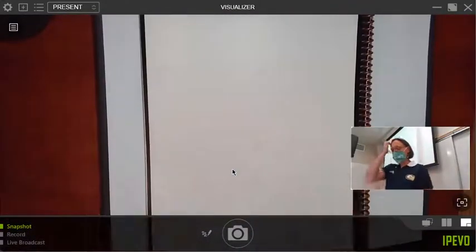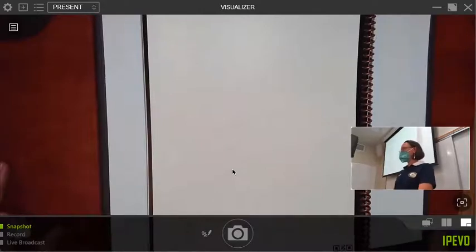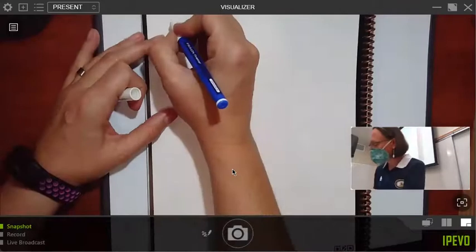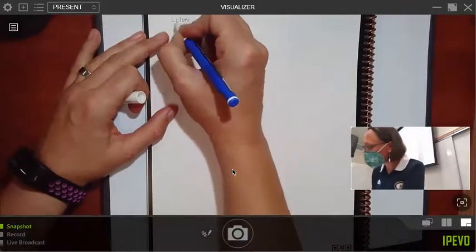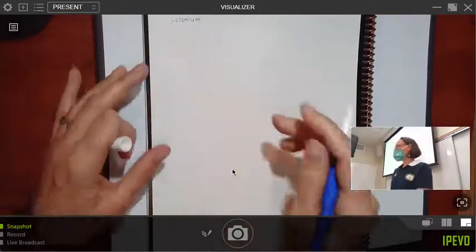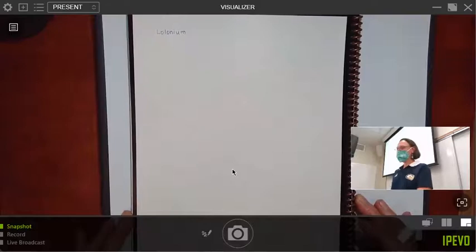It has been a long time since I took a chemistry class, so I'm going to make up my own element. It is not real. My mythical element is going to be called lolonium. I don't think that's really an element, unless things have changed a lot on the periodic table.